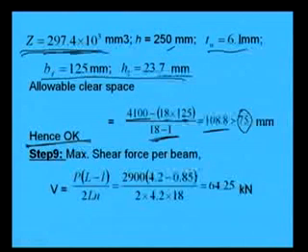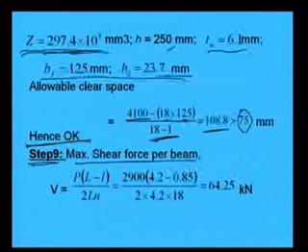Now in step 9, what will we do? We will check for the shear force. First we will find out the maximum shear force. We know from the formula that the maximum shear force will be P into (L minus L by 2) by L into n, for n number of beams.